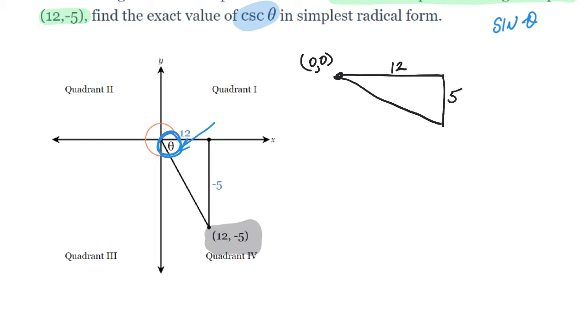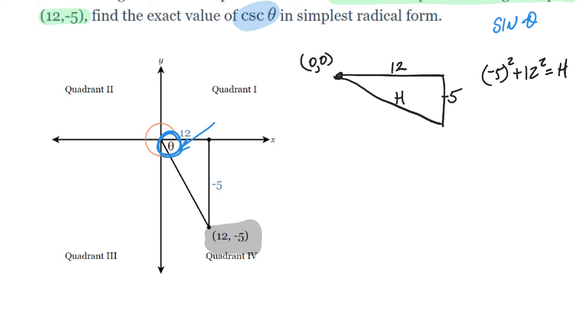Now, sine does require the hypotenuse, which we don't know yet, but we can use our Pythagorean theorem. Now, you notice I have a positive 5 there. We could use negative 5 as well. That's what it has. But Pythagorean theorem is going to fix the negative sign anyway. So it would be negative 5 squared plus 12 squared will equal our hypotenuse squared.